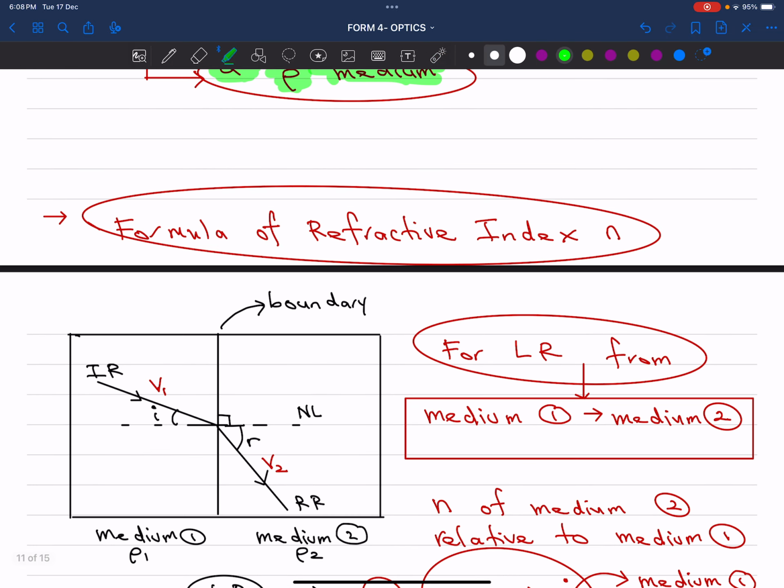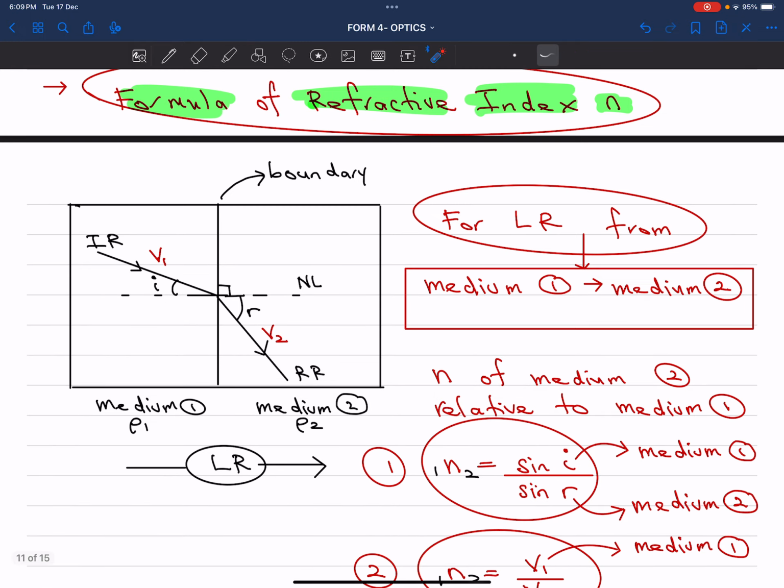Next, we look at the formulas of refractive index. Now, I have prepared two media: medium 1 with density 1 and medium 2 with density 2. And of course, we have the boundary. Now the light ray, the incident ray, moving in medium 1 towards the boundary with angle of incident I, and it has the speed I label V1.